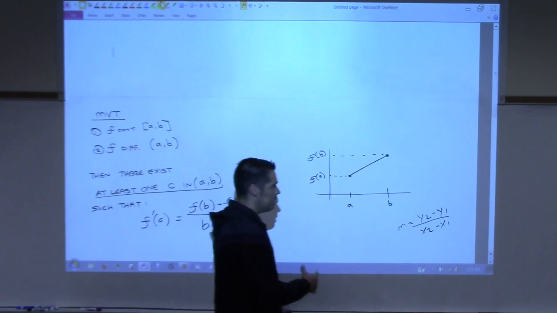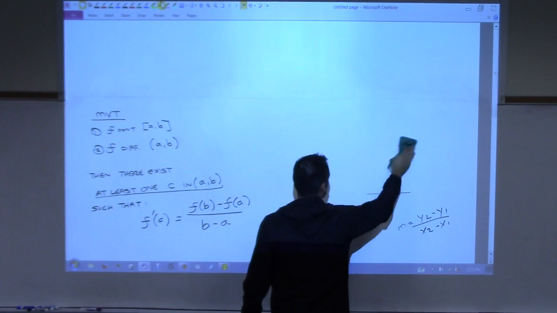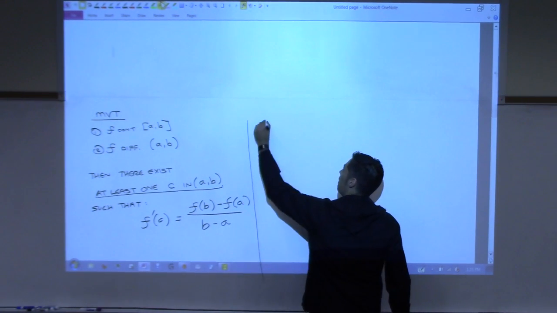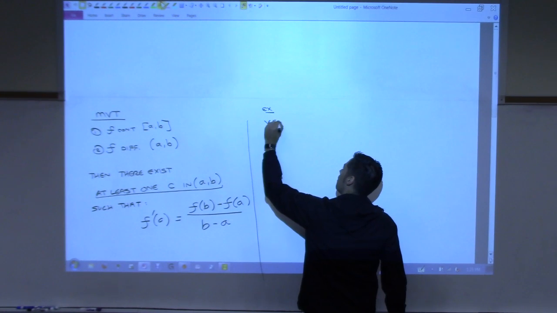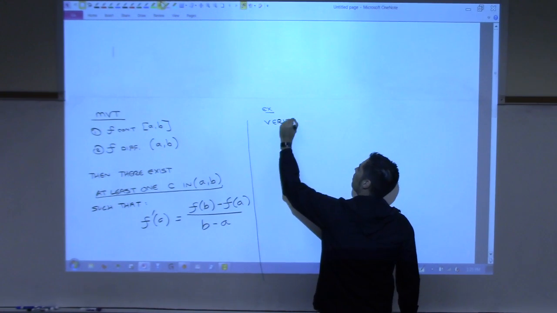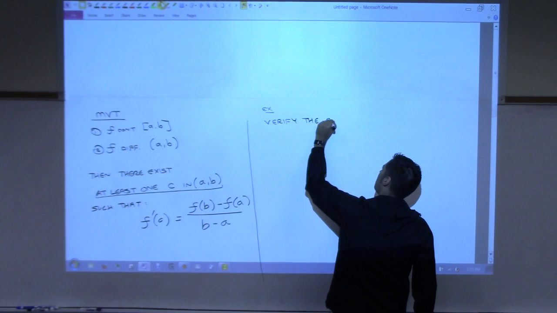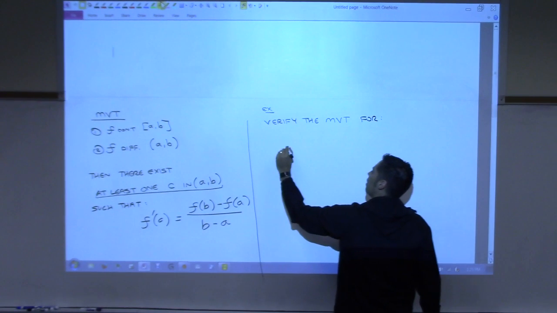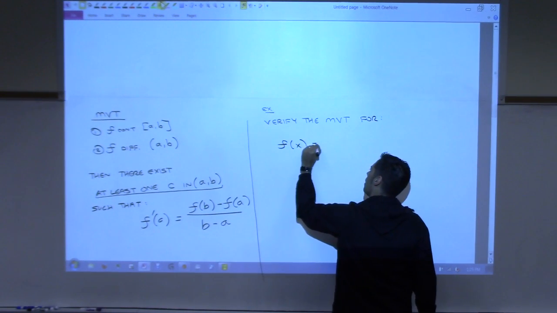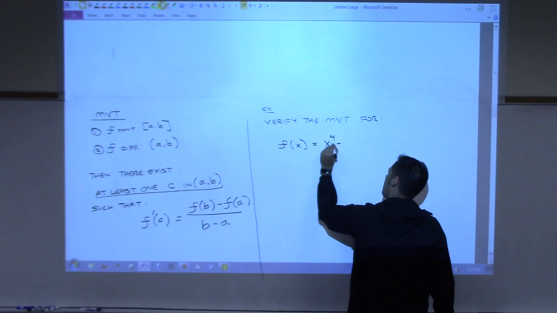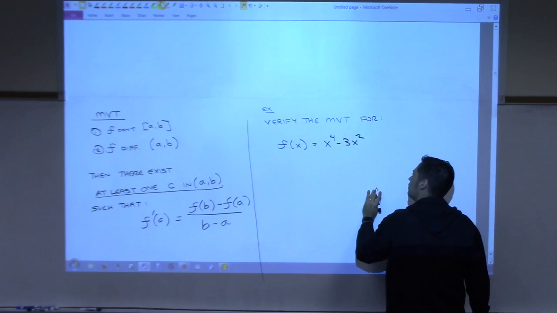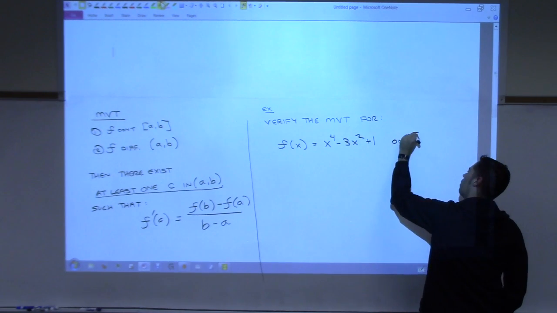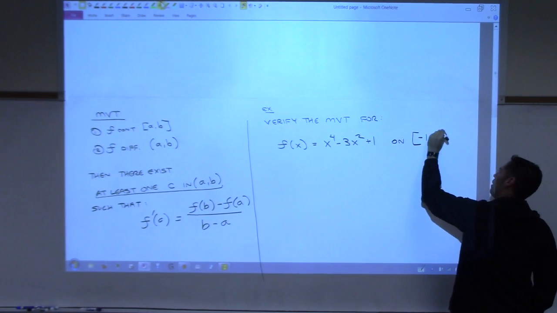Now, let's actually see a problem. Let's do a problem where what we're going to do is verify that the theorem is true. So verify the mean value theorem for f of x equals x to the fourth minus 3x squared plus 1 on the interval -1, 1.